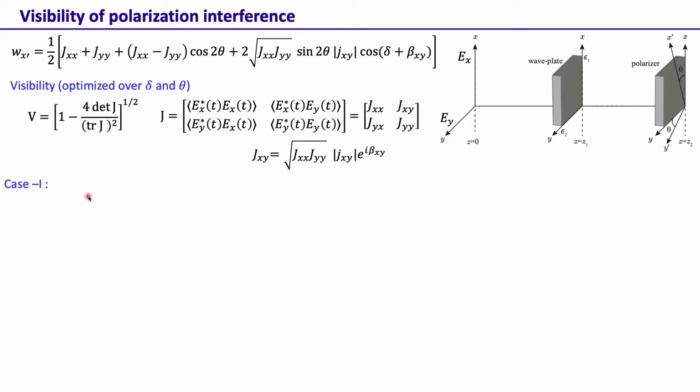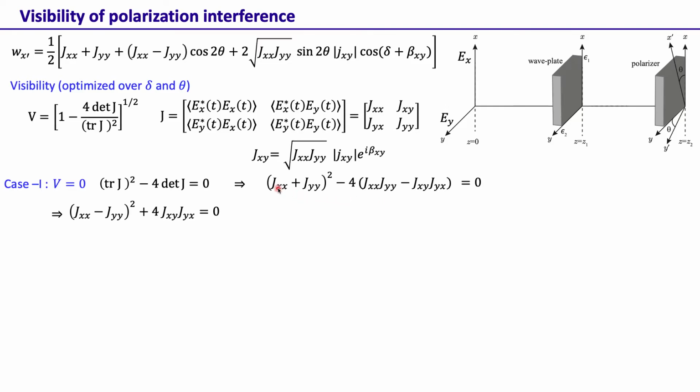So the first extreme case is when this visibility is equal to 0. When this visibility is equal to 0, this means that the quantity inside this square root is 0, which means that trace J square minus 4 determinant J is 0. This then means that (Jxx plus Jyy) square minus 4 (Jxx Jyy minus Jxy Jyx) is 0.